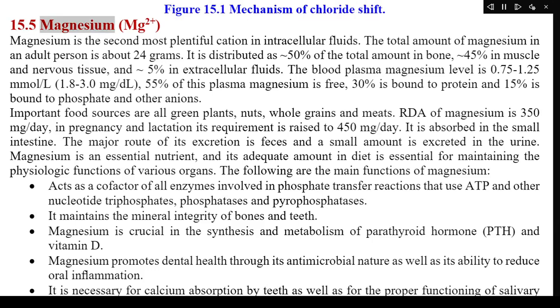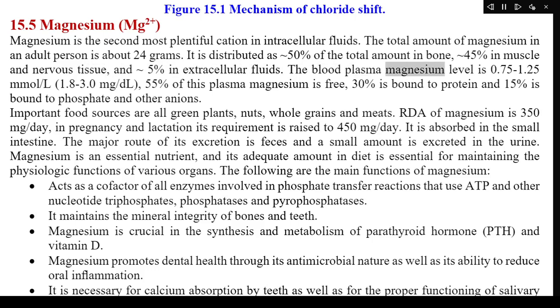15.5 Magnesium, Mg2+. Magnesium is the second most plentiful cation in intracellular fluids. The total amount of magnesium in an adult person is about 24 grams. It is distributed as 50% of the total amount in bone, 45% in muscle and nervous tissue, and 5% in extracellular fluids.